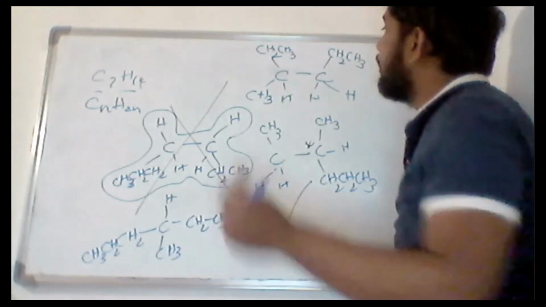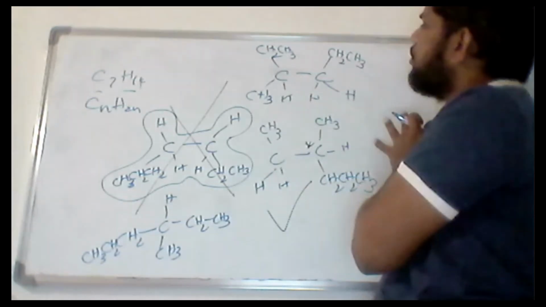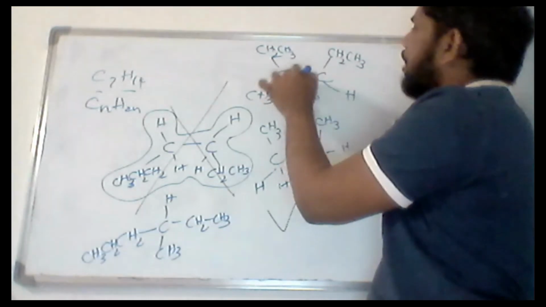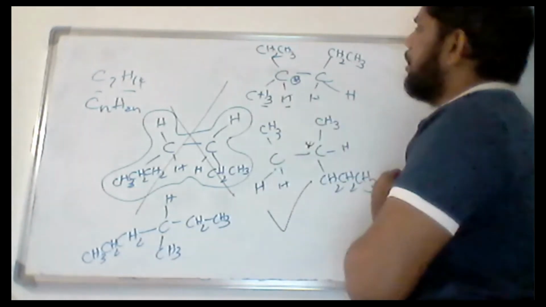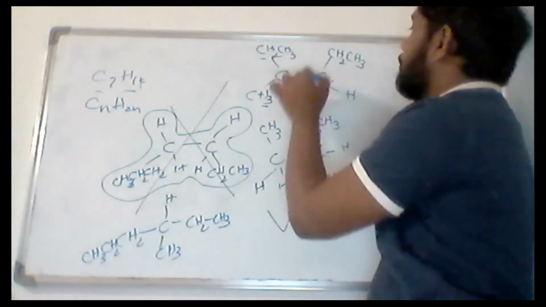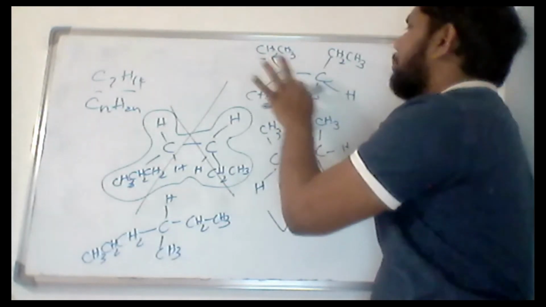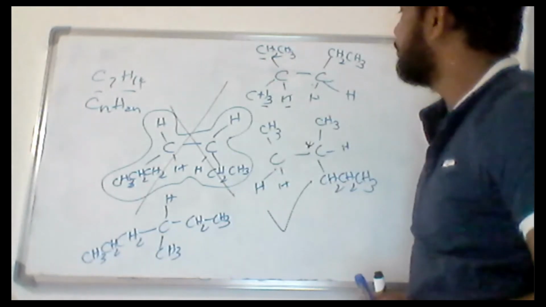And here again, when I compare this one, when you think about this carbon, it contains hydrogen, CH3, CH2, CH3 and CH2, CH3. So this carbon typically cannot be a chiral center.